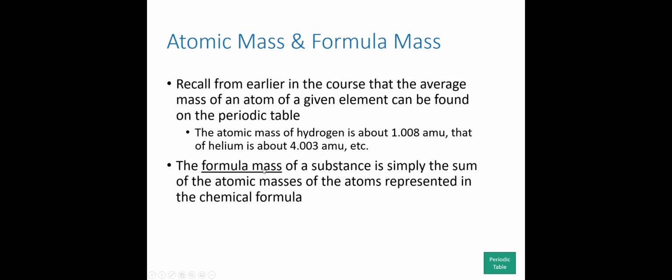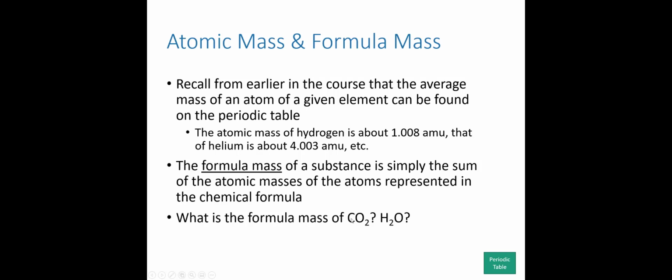So the formula mass would be what we would get if we just simply added up all the atoms in a particular chemical formula. So for example, let's go ahead and take a look at two of these here. Let's say we're looking at carbon dioxide, and let's say we want to look at water. So what we're going to need to do is look at our periodic table and find these various values. Now there's no need to memorize them, but when you've been doing this as long as I have, you'll find that I've memorized these values.